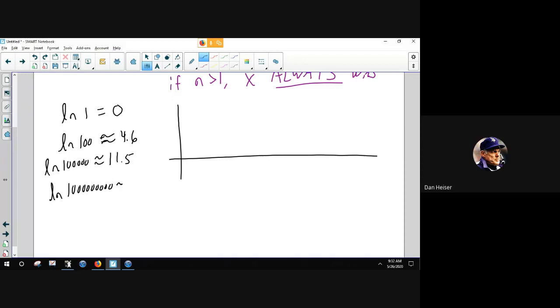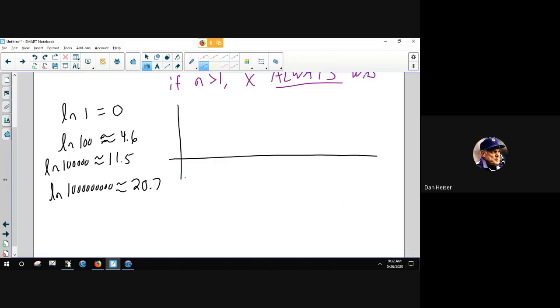A billion. Natural log of a billion. We just broke 20. 1 billion steps to the right, 20.7 steps up.